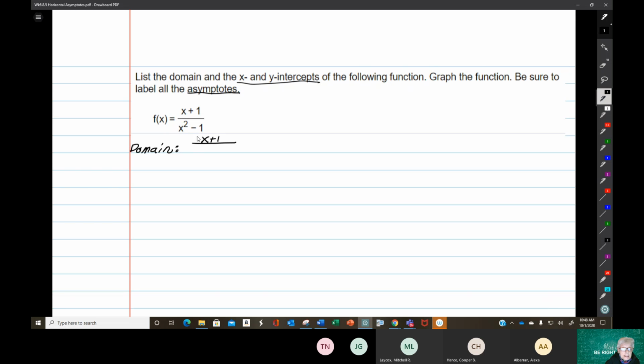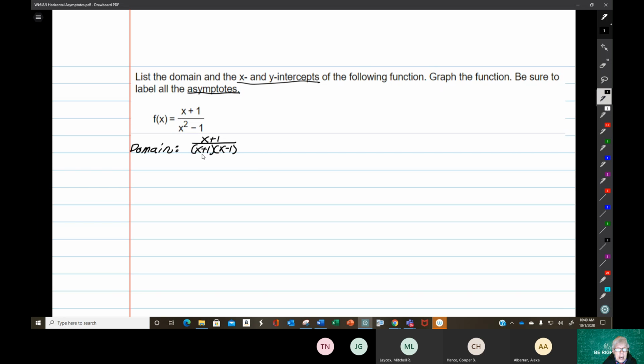The denominator is going to be factored by the difference of two squares. Now don't cancel yet. You can see that x plus 1 and x plus 1 match. They're going to cancel, but not yet. Because we have to find the domain, and that's a separate question.